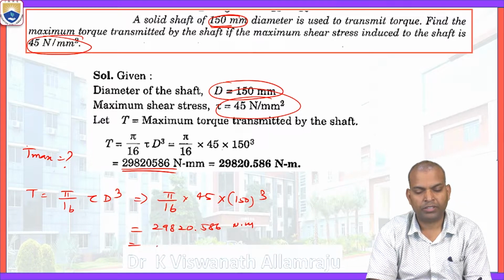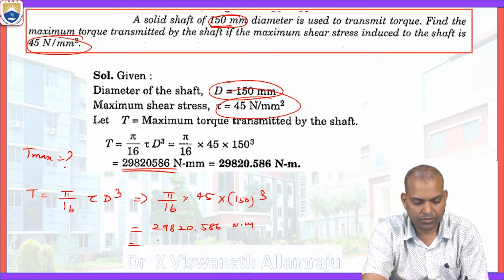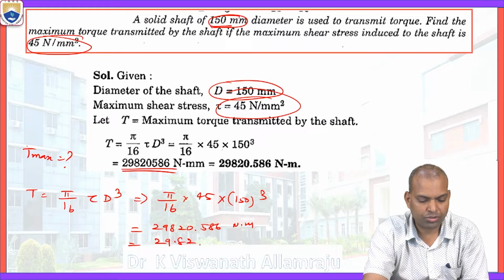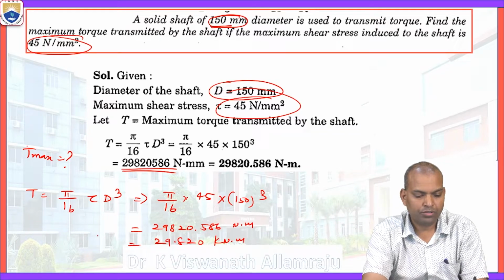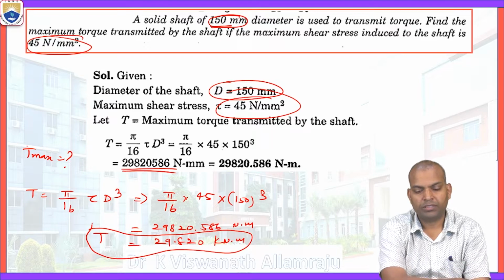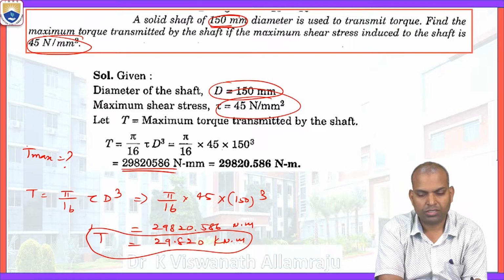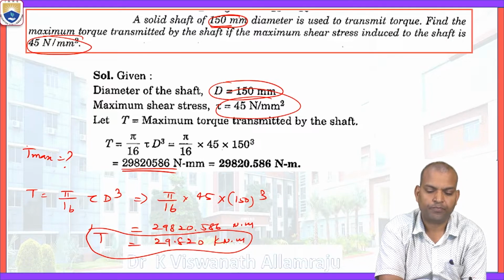Still, we can simplify it. We can also convert this in terms of kilonewton meter. Then the value becomes 29.820 kilonewton meter. So this is the torque transmitted for the diameter of the shaft, that is 150 millimeters, and the maximum shear stress induced in the shaft is 45 Newton per square millimeter.